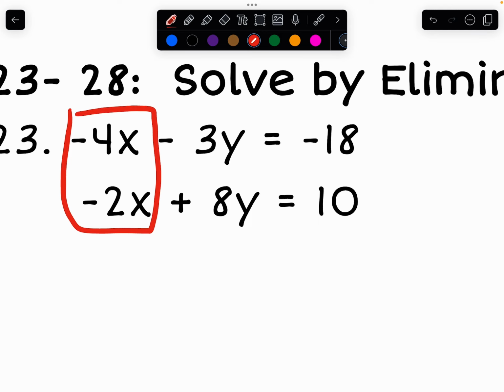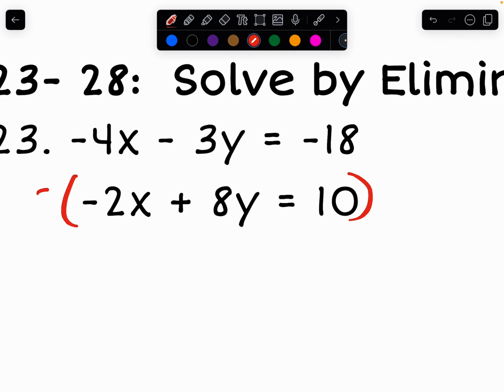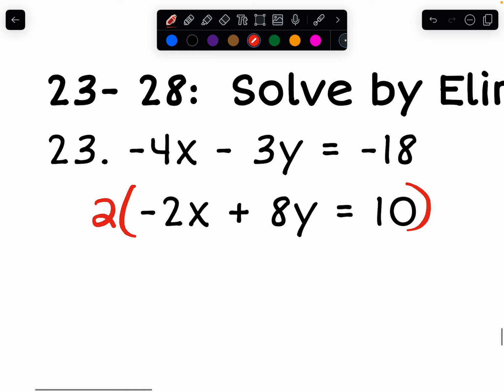Because doesn't negative 2 go into negative 4? 2 goes into 4 evenly. So I'm going to deal with that. Okay? So if I was to multiply this by 2, that would give me the negative 4. But I want them to be opposite. So I'm going to multiply it by negative 2.